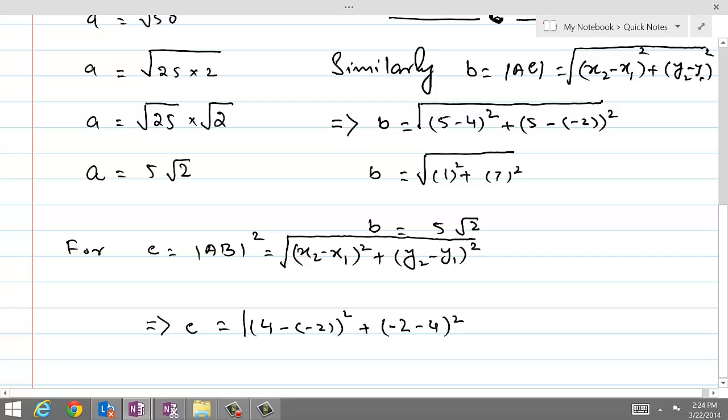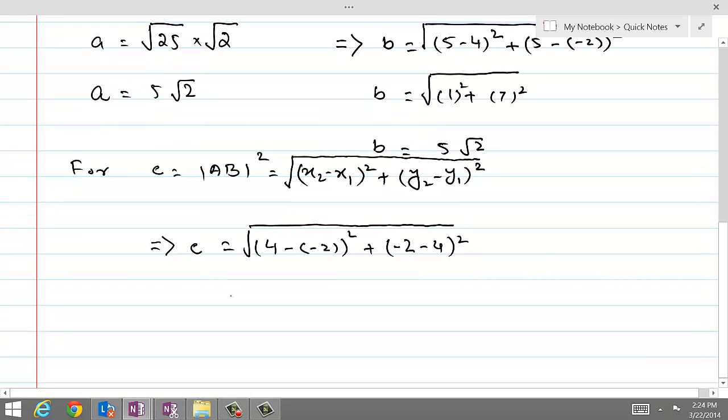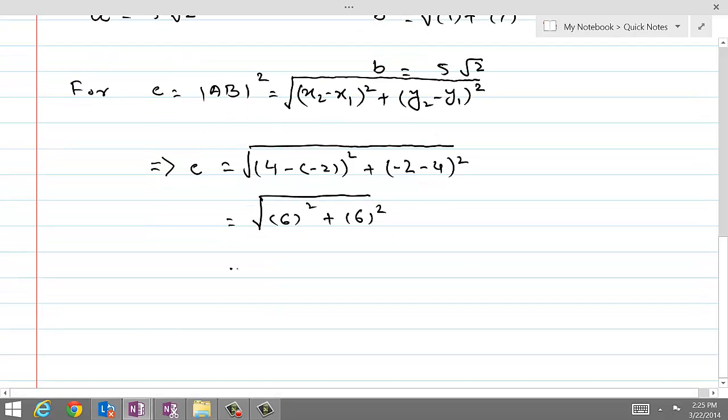So this should give the length of c, that is equal to the square root of 6 square plus 6 square. This is going to be the square root of 72.